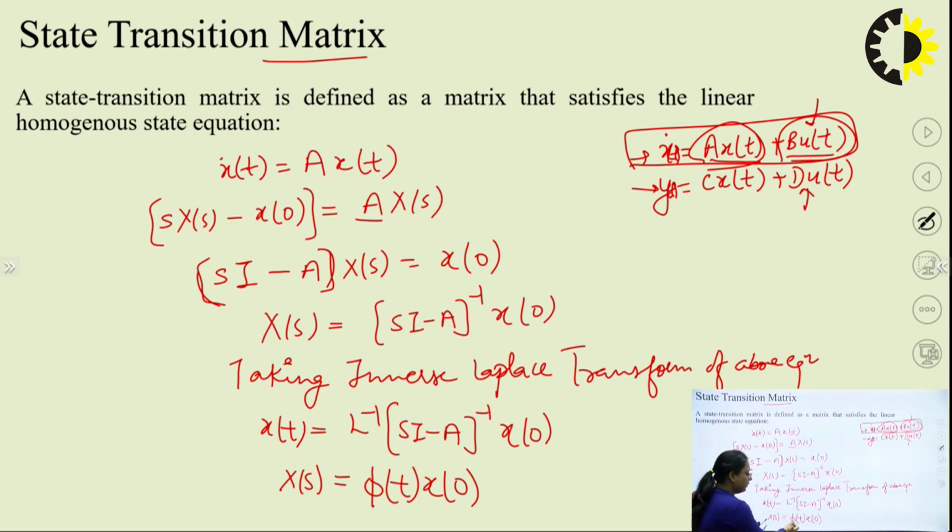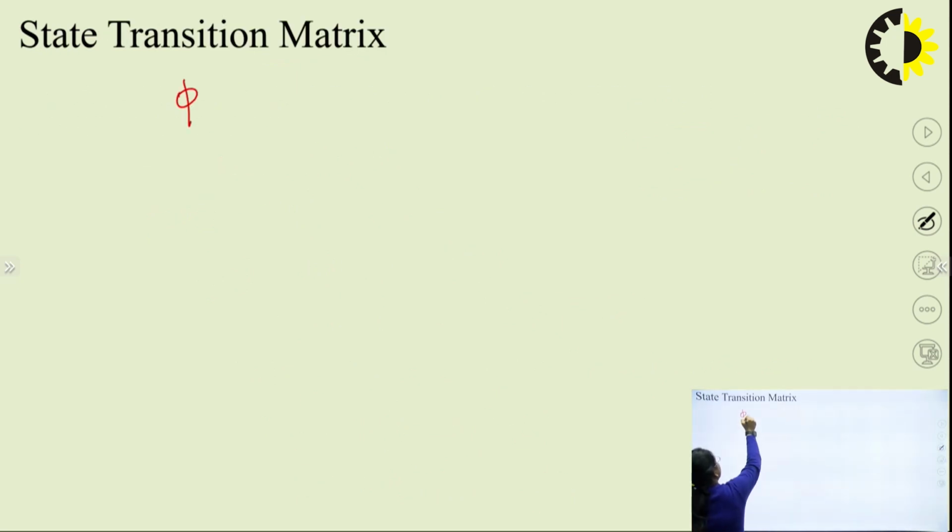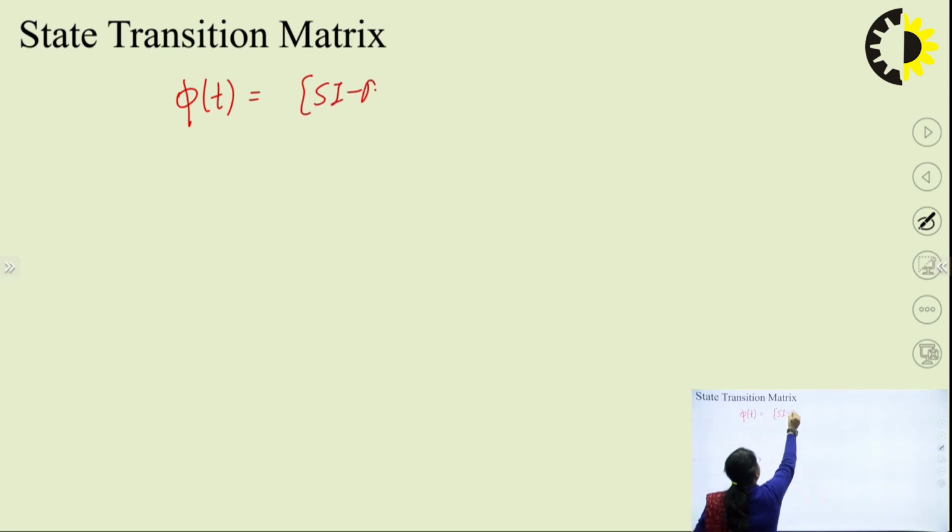If phi t is an n cross n matrix and x0 is the initial condition, then this is the solution of the homogeneous equation. And if we compare equation number 1 and 2, we will get phi(s) is equal to (sI minus A) inverse.